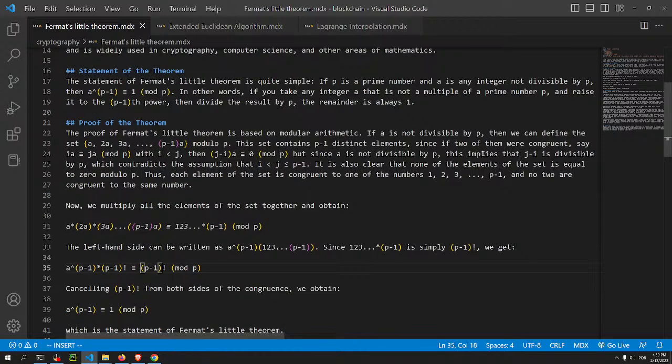So the thing that I don't understand is this transition here. The set contains p minus 1 distinct elements, since if two of them were congruent, say, then why is j minus i times a equal to 0 when divided by p?